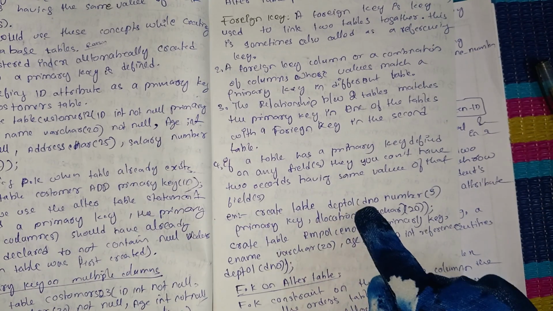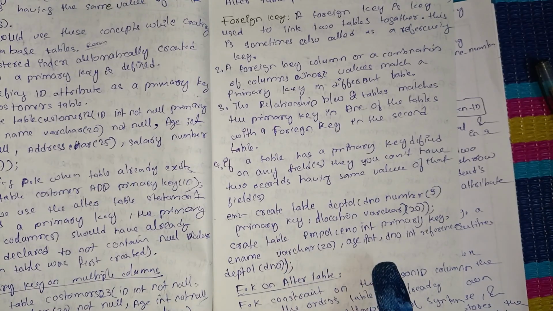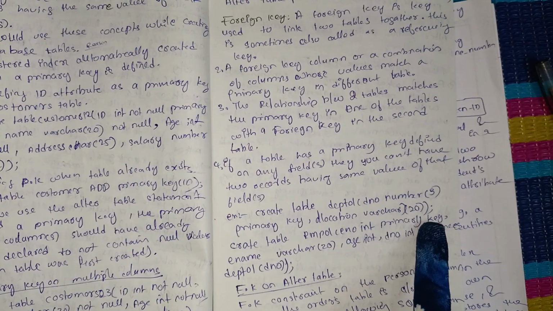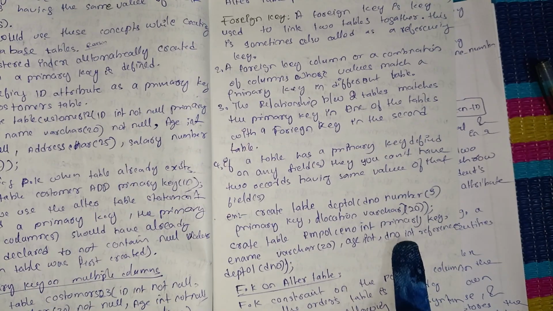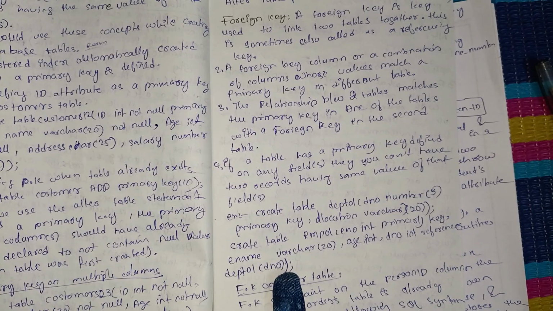So in the first table, department number is made as a primary key, and in the second table, E number is made as primary key, and department number is made as a reference key, means foreign key.